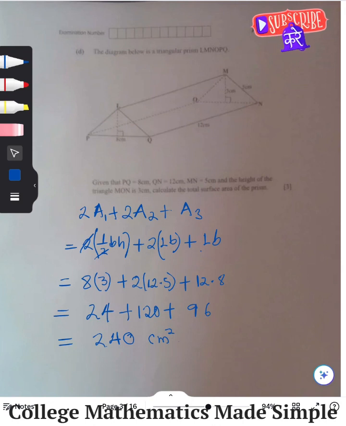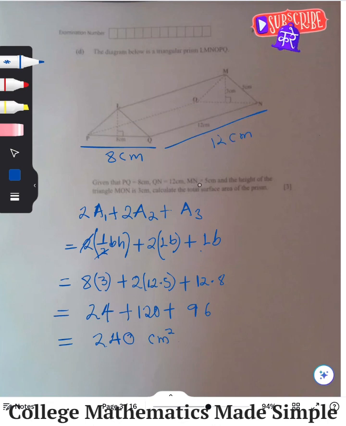Let us continue. The diagram below is a triangular prism LMNOPQ. Now we are given that PQ is 8 centimeters, and QN is 12, so this side is 12 centimeters.